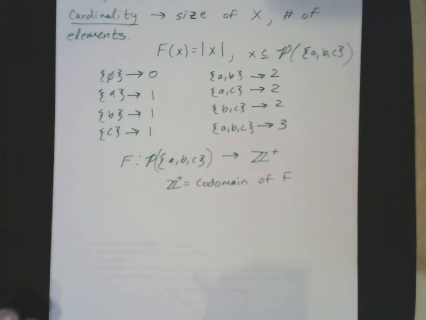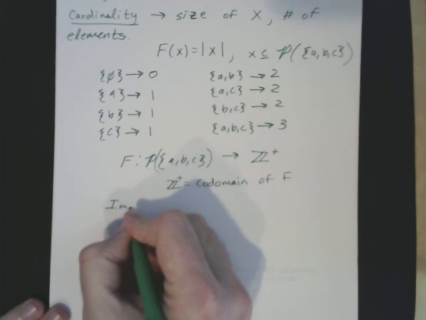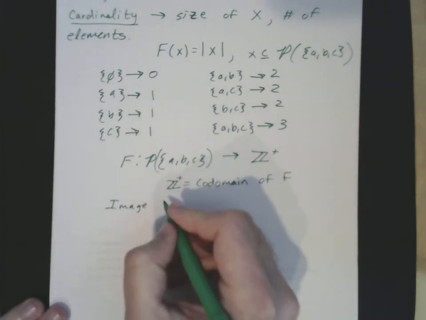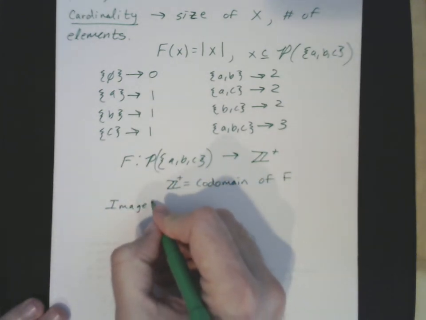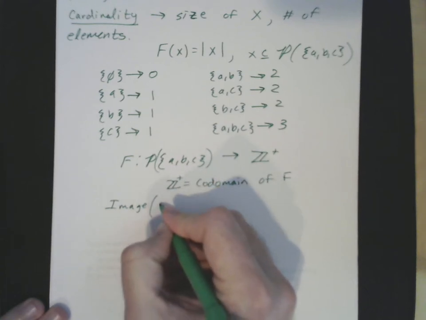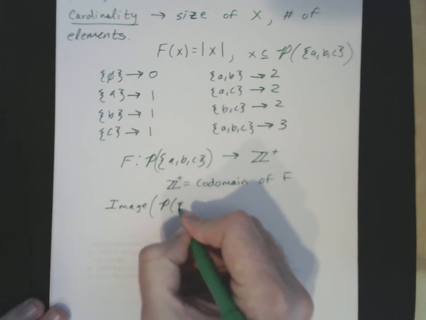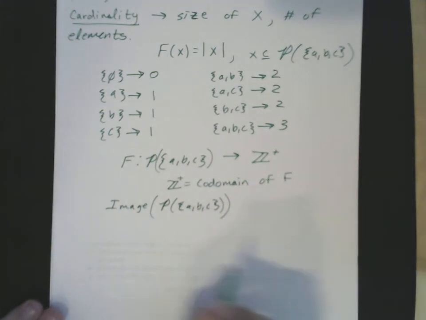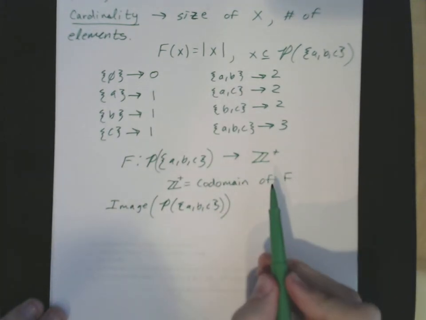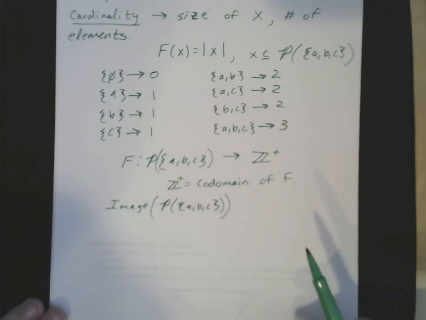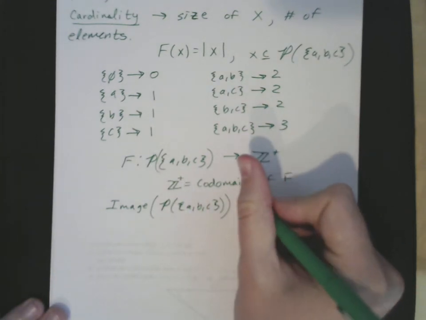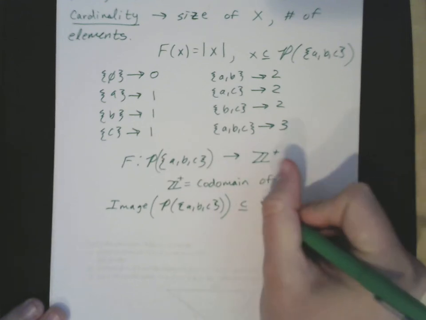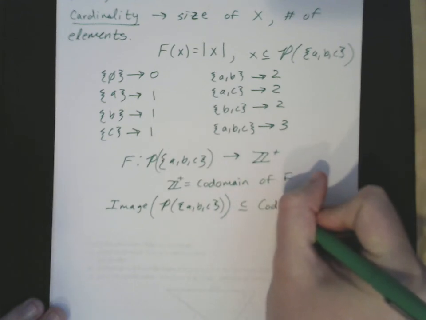So the image of our power set, P of ABC, the image is the actual values that we get to in the codomain. So the image is always a subset of the codomain of F.